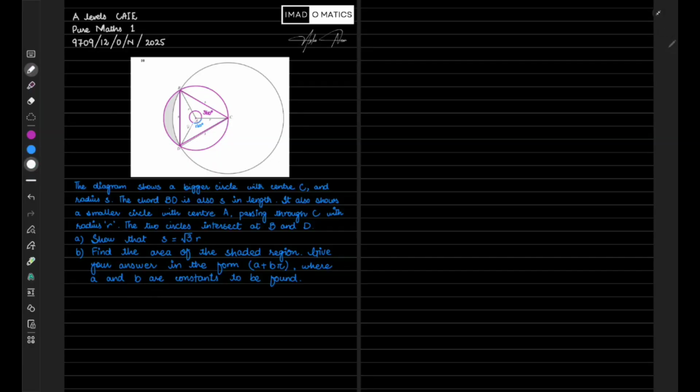Now let's look at this triangle. If we need to prove S equals root 3 R, let's take this triangle, and I am applying the cosine law.